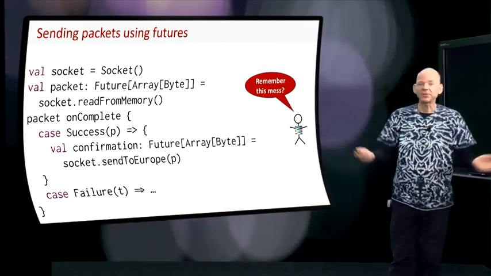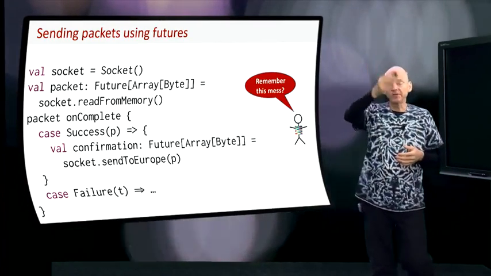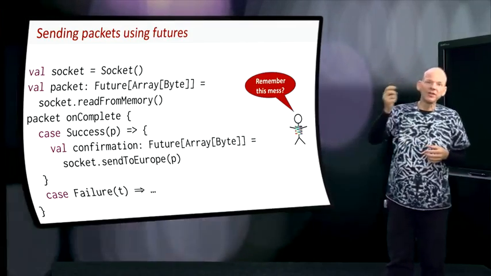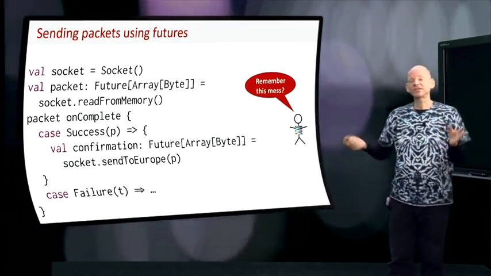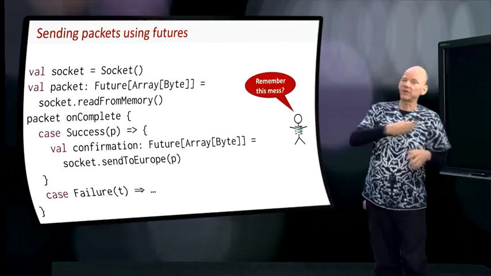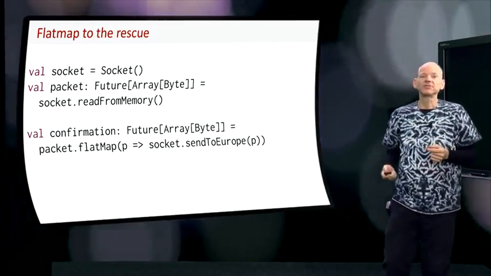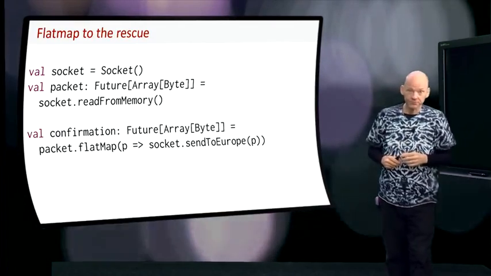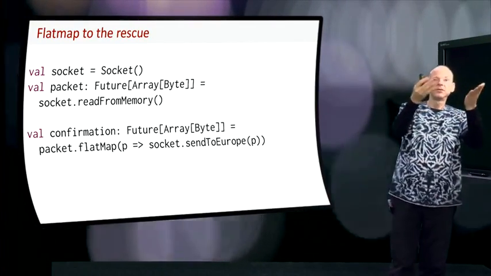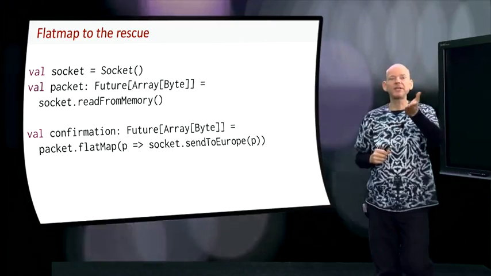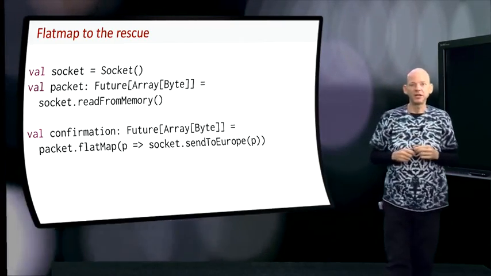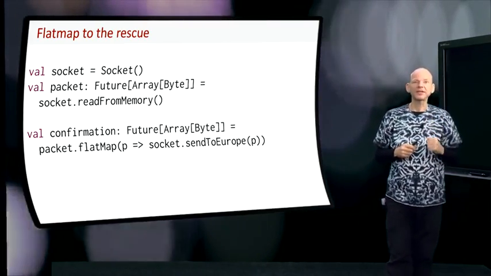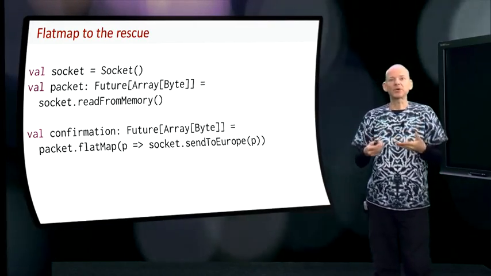By using flat map. So flat map, again, will hide all this plumbing and pattern matching for us such that we can write nice, smooth, straight line code. So let's use flat map. And here we go. What we do is we read from memory. We get a future of array of bytes. Let's call that packet. And then we just flat map over that.